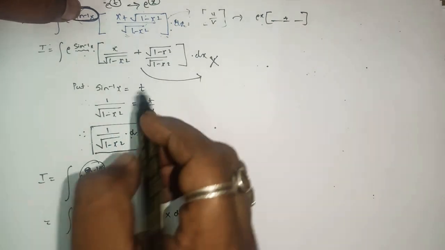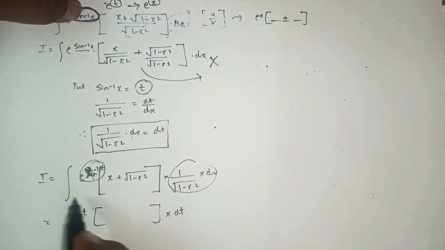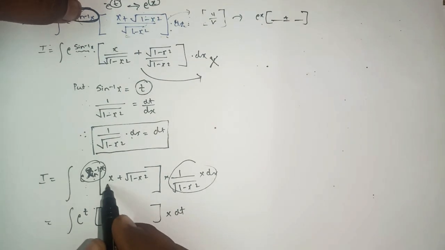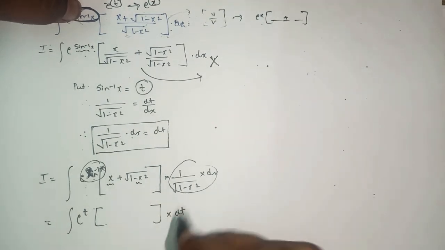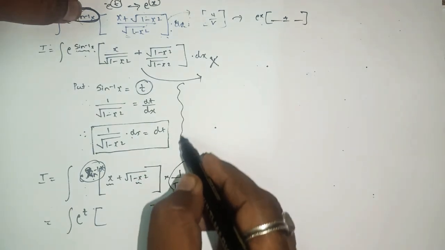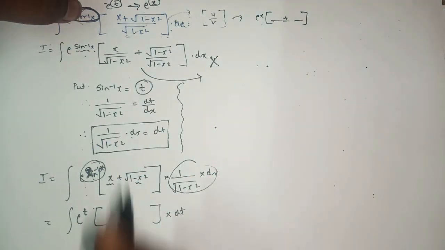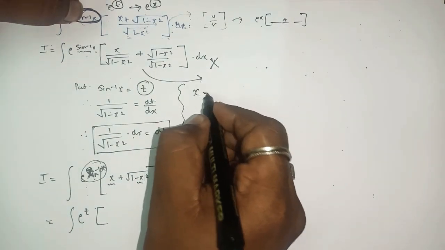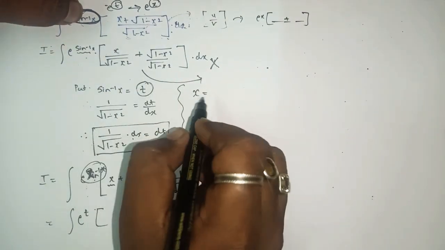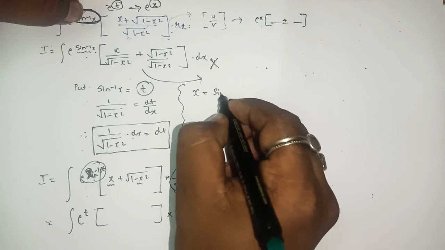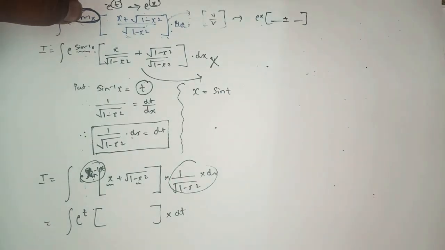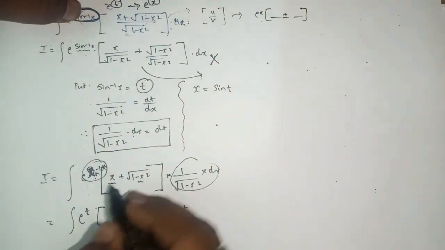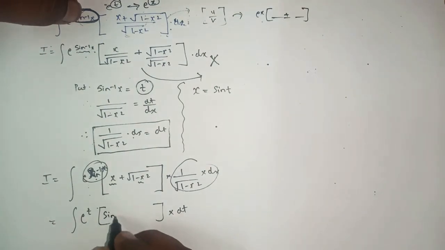As I told, as we took t here, this whole section should get converted into t part only. So here we require the value of x also in terms of t. So listen here, how you will find the value of x. Simply shift this sine inverse to the right hand side, so this will be x equals to sine t. Yes or no? Here we got the value of x. So simply substitute the value of x here. This will be sine t.